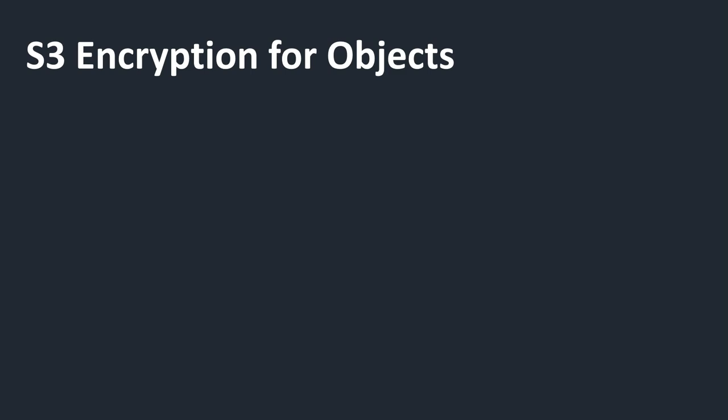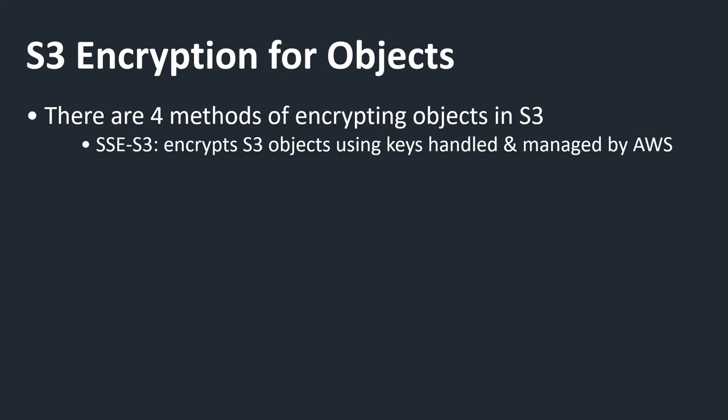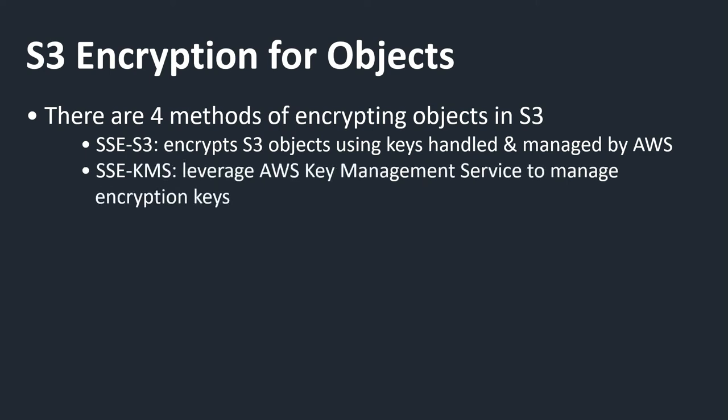So as such, Amazon gives you four methods to encrypt objects in Amazon S3. The first one is called SSE-S3. This is to encrypt S3 objects using keys handled and managed by AWS. The second one is SSE-KMS, to leverage AWS Key Management Service to manage your encryption keys.